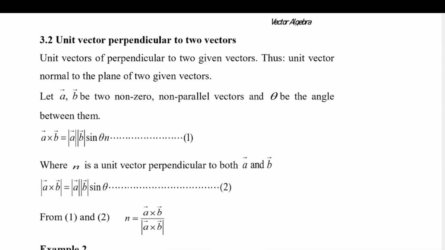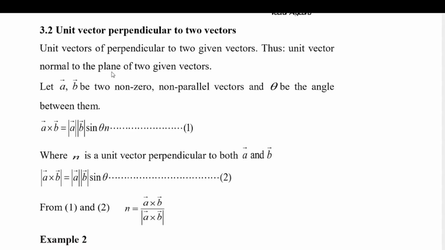Unit vector perpendicular to two vectors. This is another most interesting aspect of cross products. Unit vectors perpendicular to two given vectors. Now we are seeing that the unit vector normal to the plane of two given vectors, or unit vectors perpendicular to two given vectors.